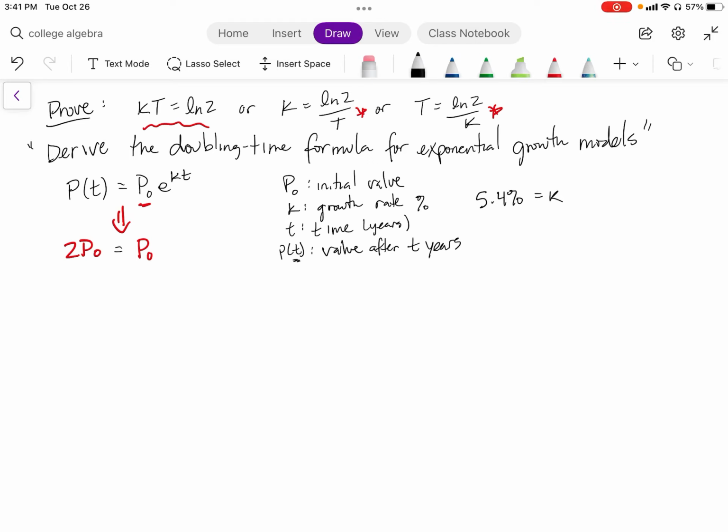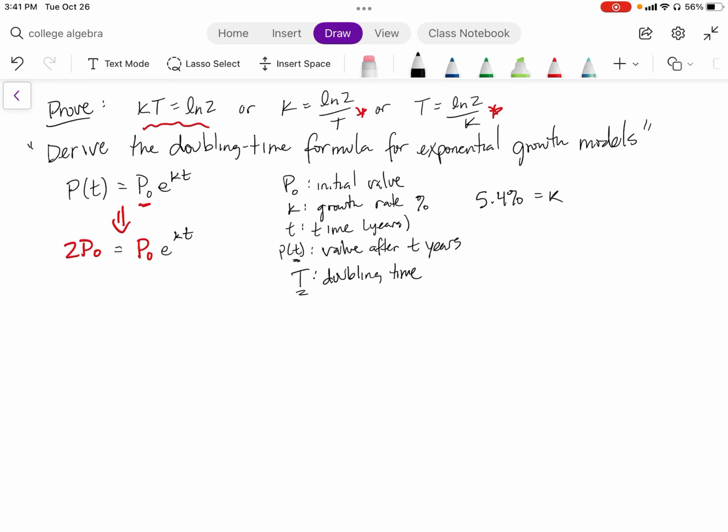How long does it take to double? And then e to the kt, we don't know the growth rate or the time. The doubling time will depend on that. And the difference in what I wrote above, which many textbooks do, is they use a capital T to denote that it is the doubling time.